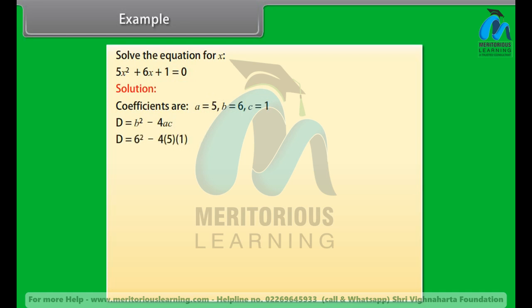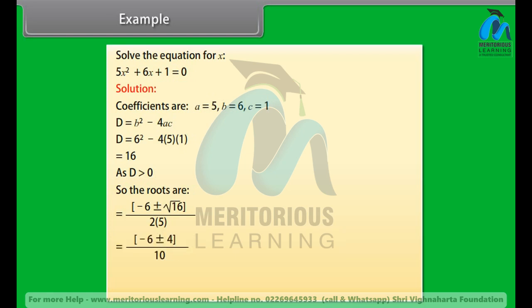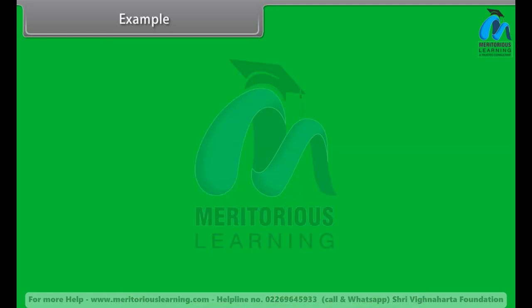D = 6² − 4 × 5 × 1 = 16, as D > 0. So the roots are x = (−6 ± √16)/(2 × 5) = (−6 ± 4)/10. On solving, we get x = −1 and −0.2.